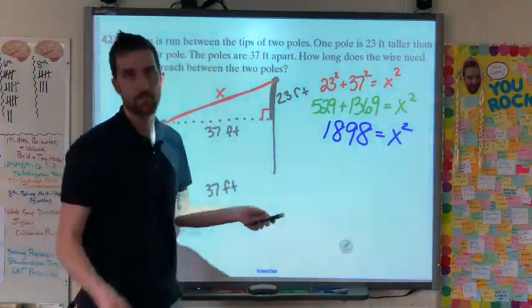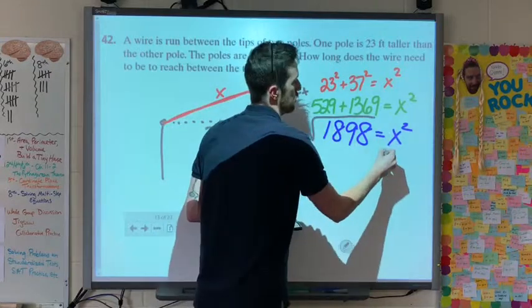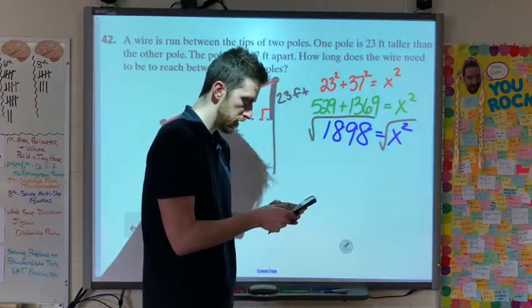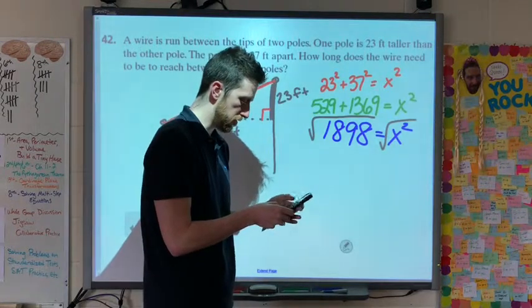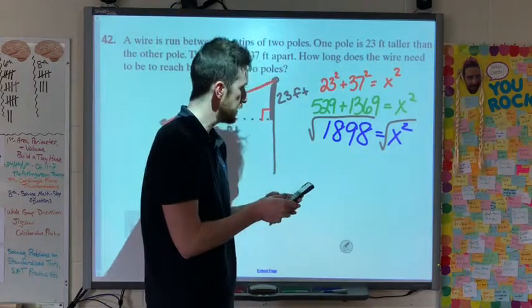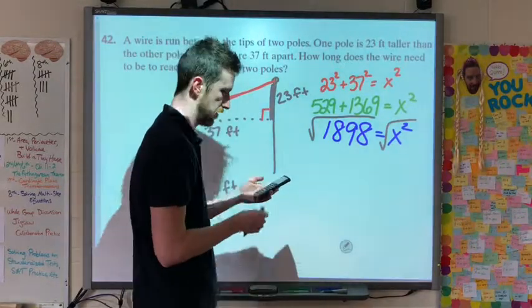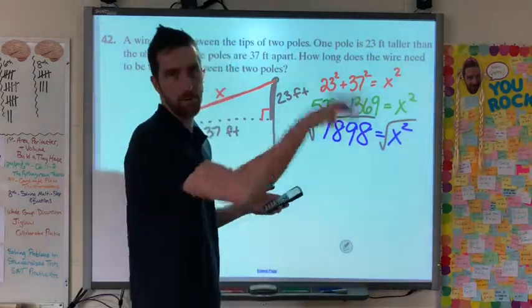Last step, square root it. The square root of 1898. Whoops, that's the wrong number. The square root of 1898. I accidentally put 89. It's 43 point a long decimal.